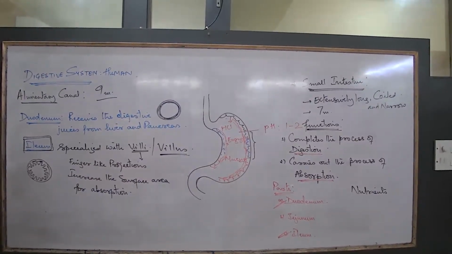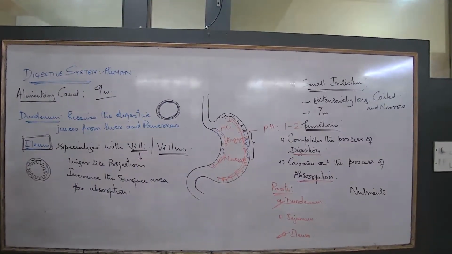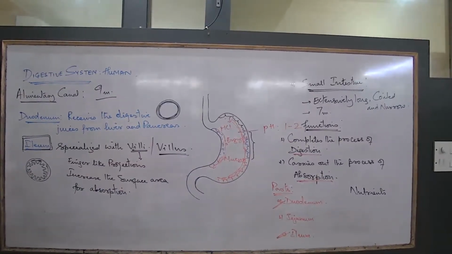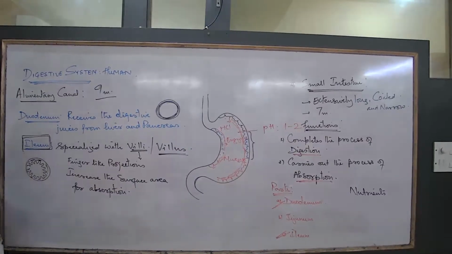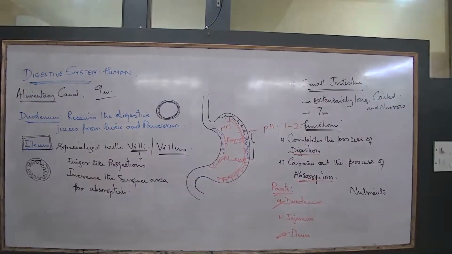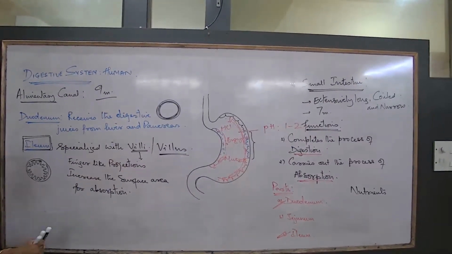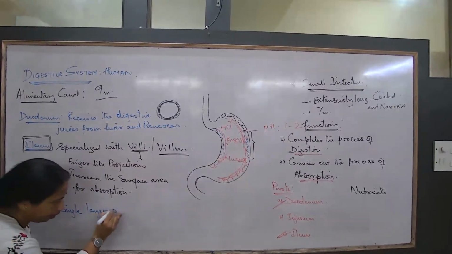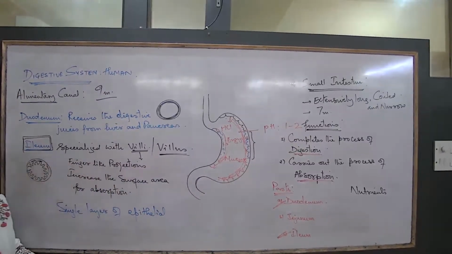Special features of the villi that enable absorption are: number one, extremely thin wall made up of a single layer of epithelial cells.